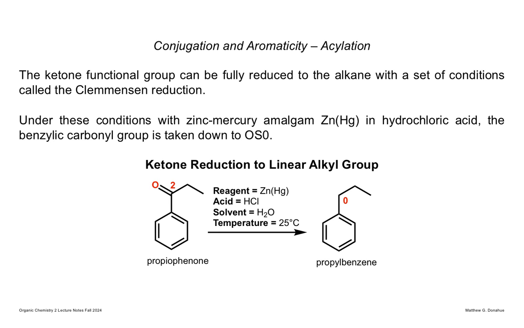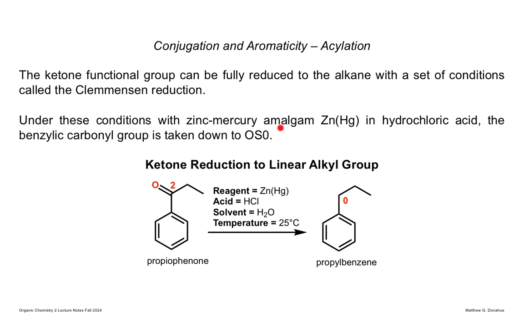So the ketone functional group, again, is at oxidation state 2. And we can reduce that down to the alkane at oxidation state 0 using a reaction known as the Clemmensen reduction. That uses a zinc-mercury amalgam, identified this way. An amalgam is a mixture of solids.